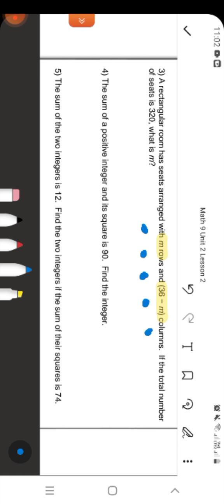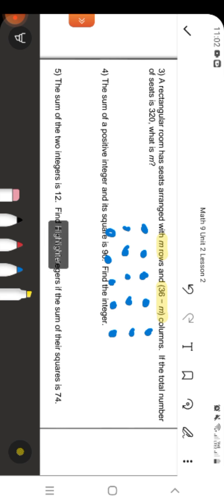These are in columns, and these are rows. For example, the dots are the seats. If you want to count the number of seats, you multiply the number of columns and the number of rows, or vice versa.